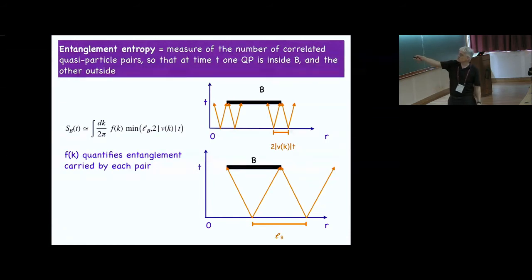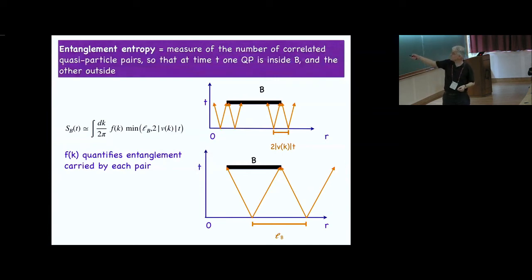Some function quantifies the entanglement carried by each pair, so we don't know what that is. And then there is this simple function which basically just counts the extent of the spatial region that determines the range where quasiparticle pairs can come from, such that they contribute to the entanglement of B with the outside.